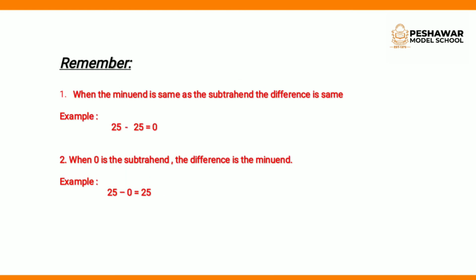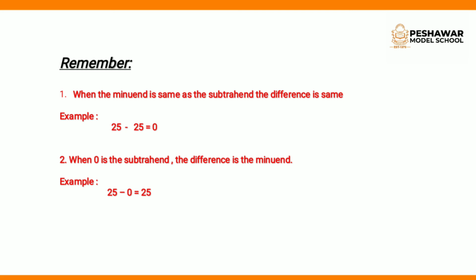Now students, you have to remember these 2 points. The first point is, when the minuend is the same as the subtrahend, the difference will be 0. For example, the minuend is 25 and the subtrahend is also 25.